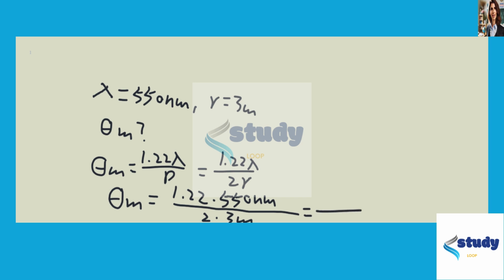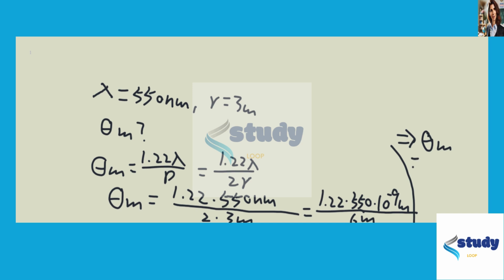That gives us 1.22 times 550 times 10 to the negative 9 meters, because 1 nanometer is 10 to the negative 9 meters, and 2 times 3 meters is 6 meters. That gives us theta m, or in other words, theta resolution, equal to 1.12 times 10 to the negative 7 radian.